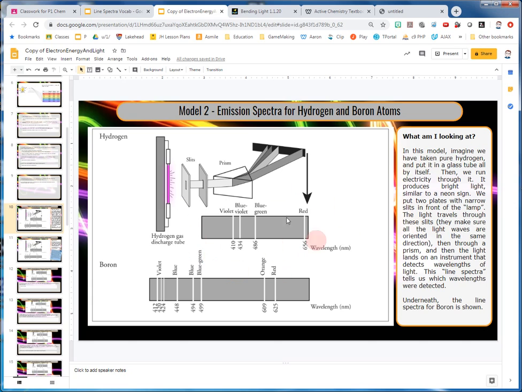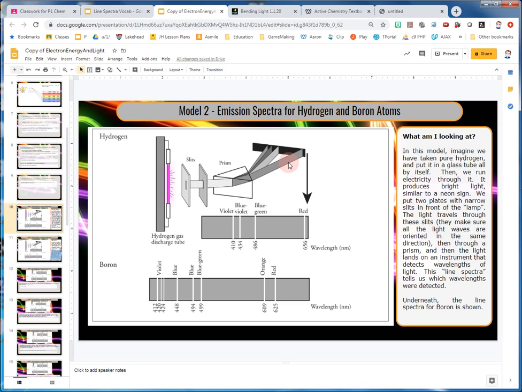This is the picture for hydrogen. And then this is the picture that would have come if we took this out of here and put a boron gas tube here and then ran electricity through it. And then that light goes through the slits and through the prism and to the instrument. Well, then the light that goes through there is going to be different. It's going to hit different spots.